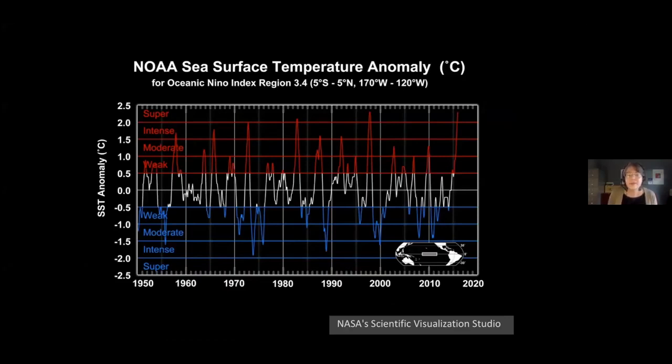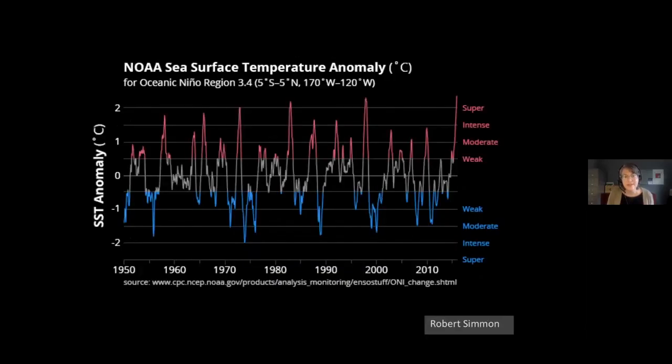Robert improved on it by creating visual hierarchy with subtle changes in typography, color, and arrangement. Here's the redesigned chart. As he wrote in that blog post, quote, "A visual hierarchy brings the most important elements of a graphic into the foreground and pushes less important elements into the background," end quote.